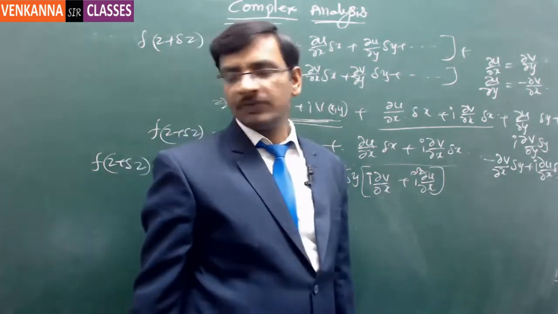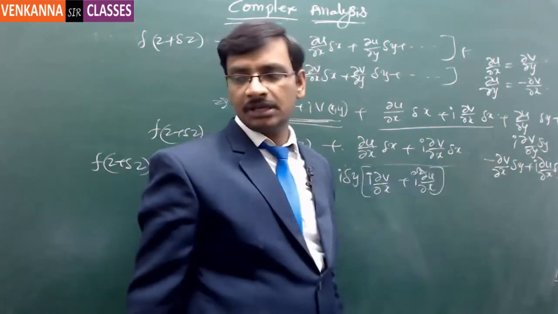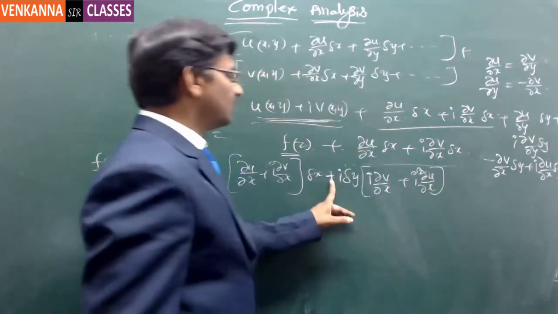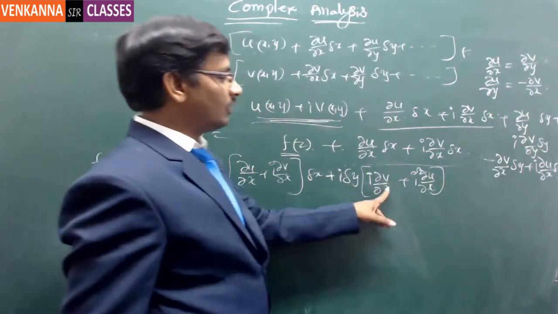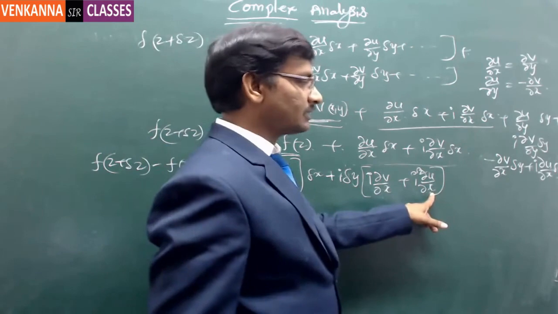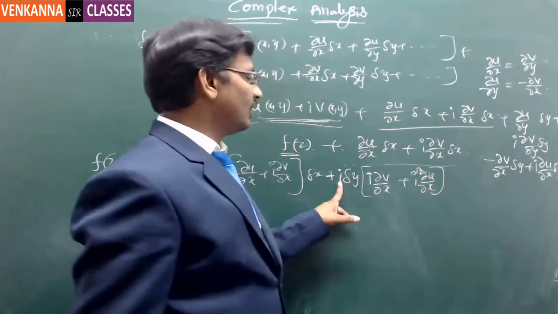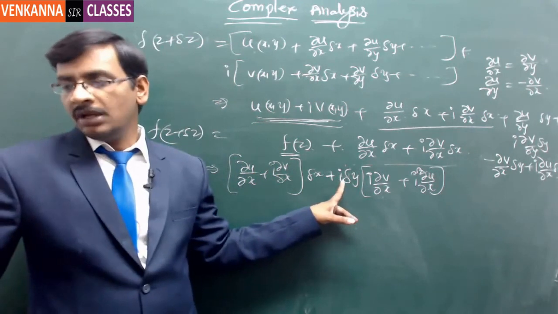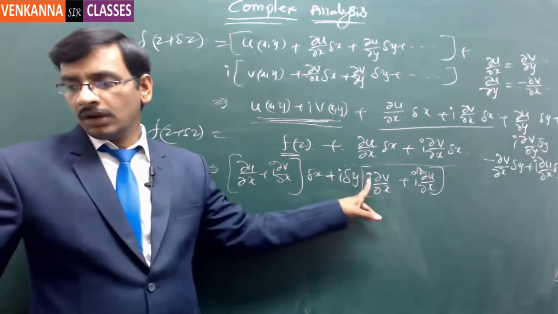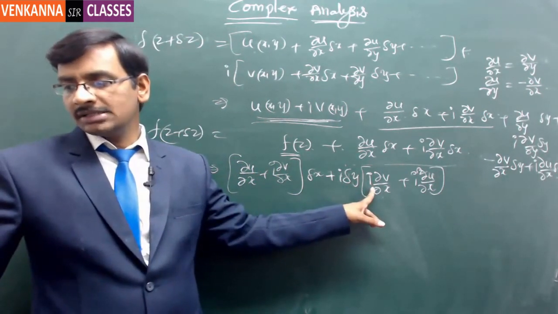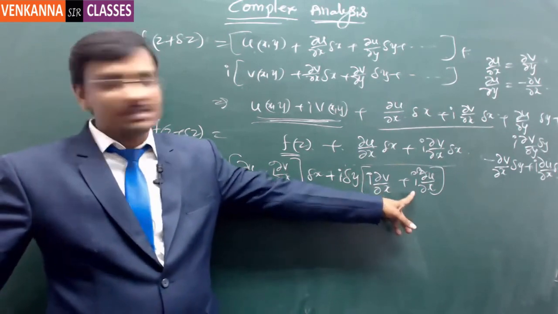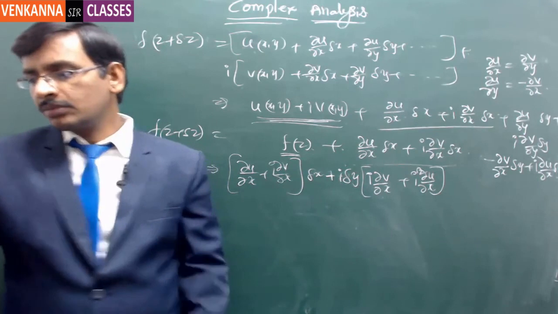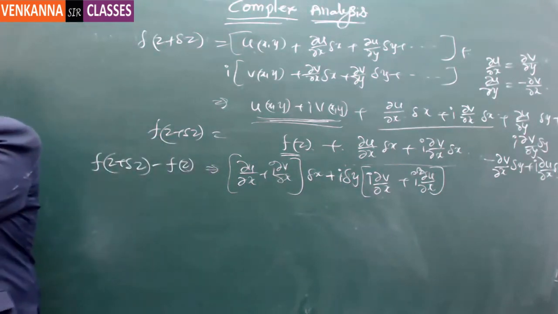I have replaced the CR equations here. Then I have taken this minus 1 out, that is minus delta y into dou v by dou x minus dou u by dou x. Here minus I have written as I square, because minus 1 is nothing but I square. One I kept here, one I brought inside. Got it?